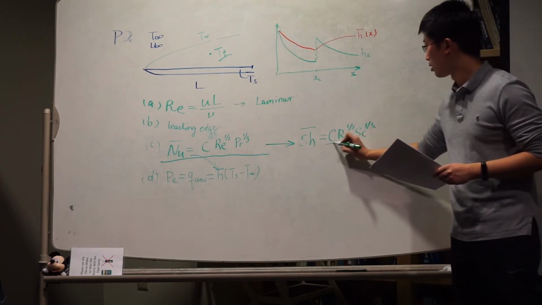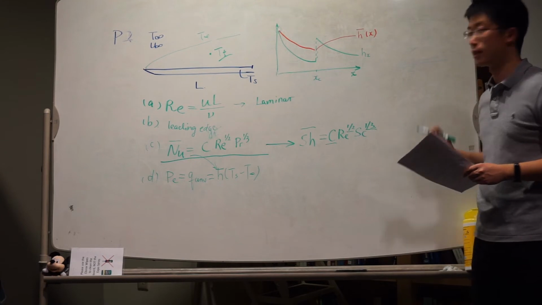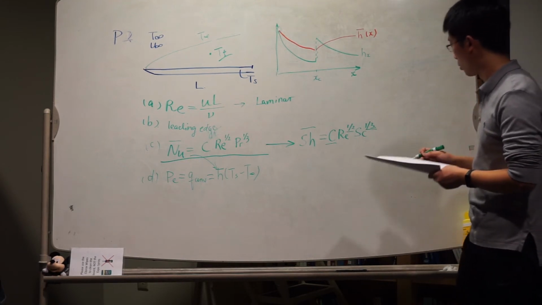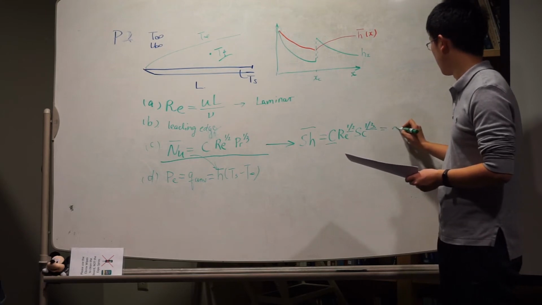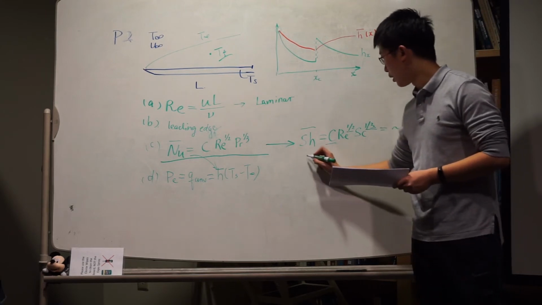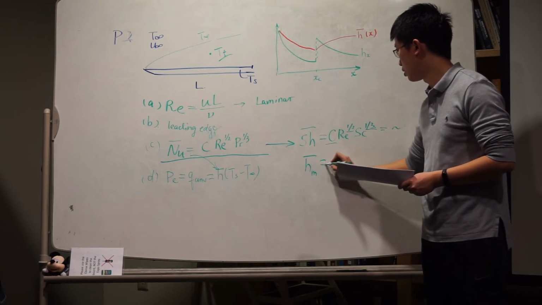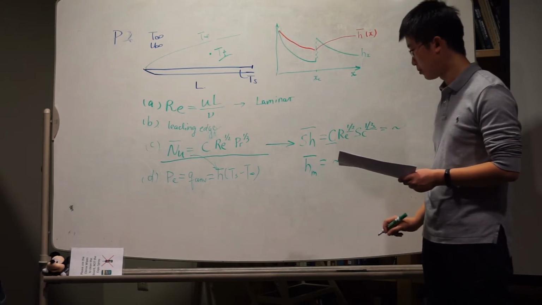So here, the coefficient and index will be the same, because of the analogy. And similarly, we can calculate this number, which equals something. And then by definition, we can get the mass transfer coefficient.